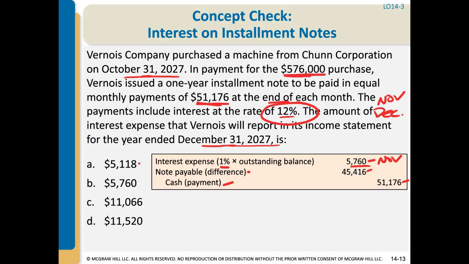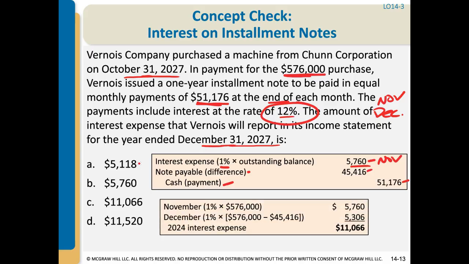Now we have to calculate for December. So we're still going to have a cash payment in December for $51,176. That stays the same.